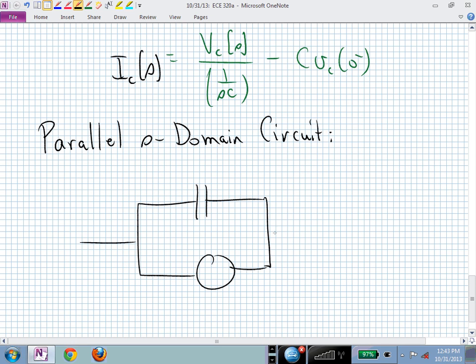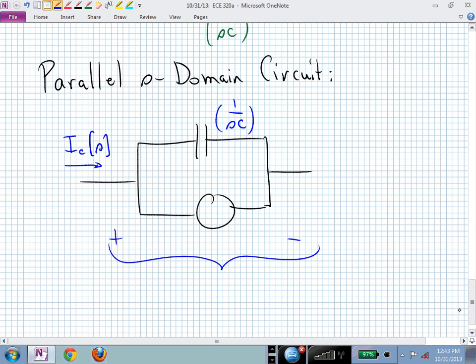Another is contributed by means of a current source. Here is my current of the capacitor, here's my impedance of the capacitor, and I also have this voltage drop in the S domain, V sub c of S.